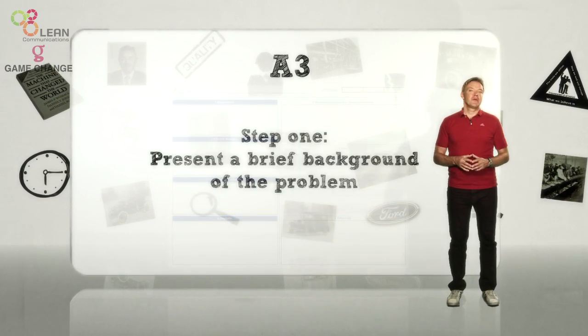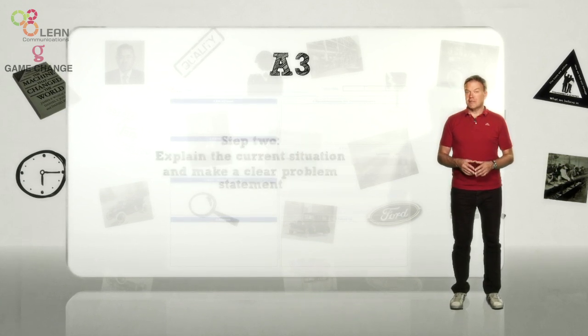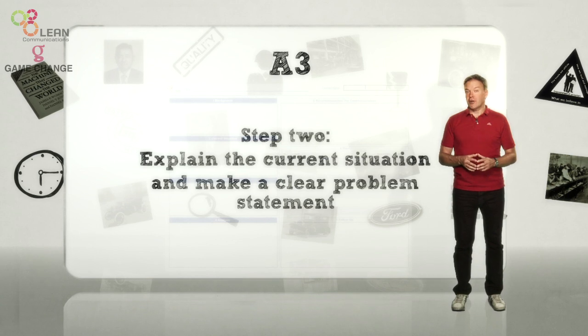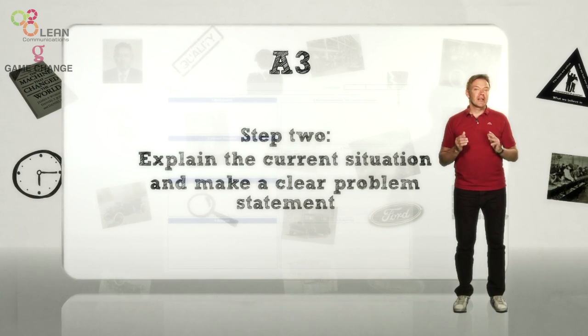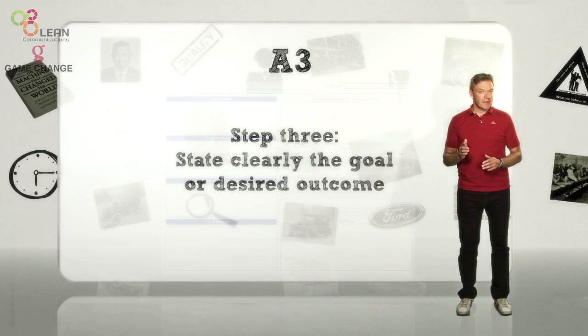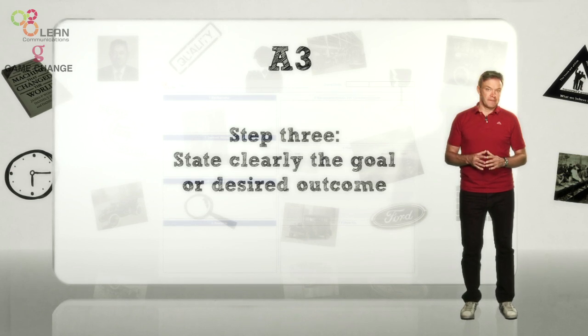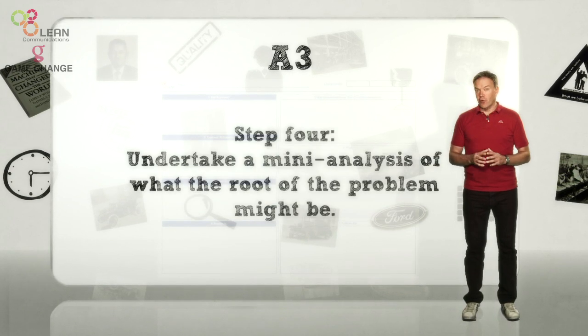Step 1. Present a brief background of the problem. Step 2. Explain the current situation and make a clear problem statement. Step 3. State clearly the goal or desired outcome. Step 4.